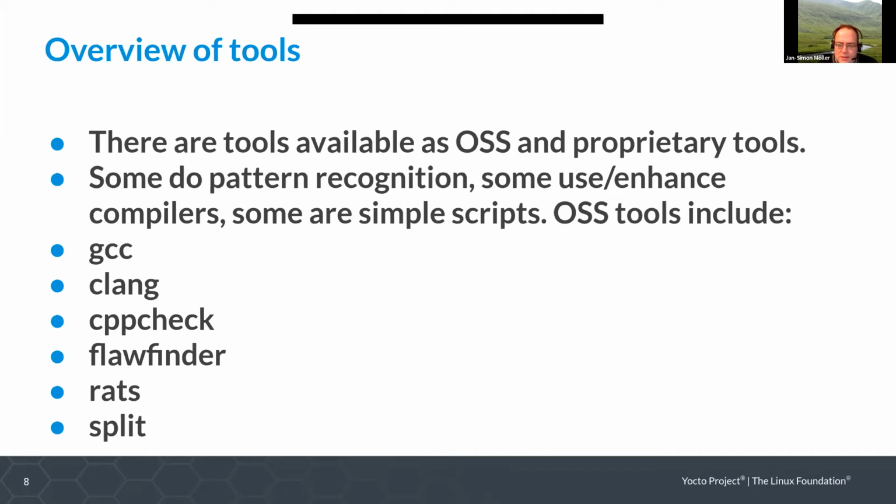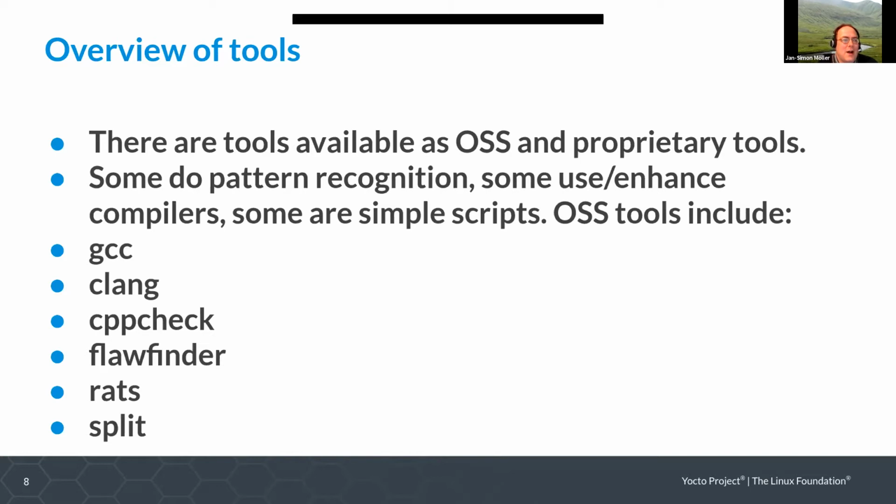In open source, there are plugins or ways to do that with GCC and Clang. But there are also standalone tools with different nuances on what's their main focus. So cppcheck, flawfinder, more on the security issue side, RATS, Splint. So we are not short on tools.